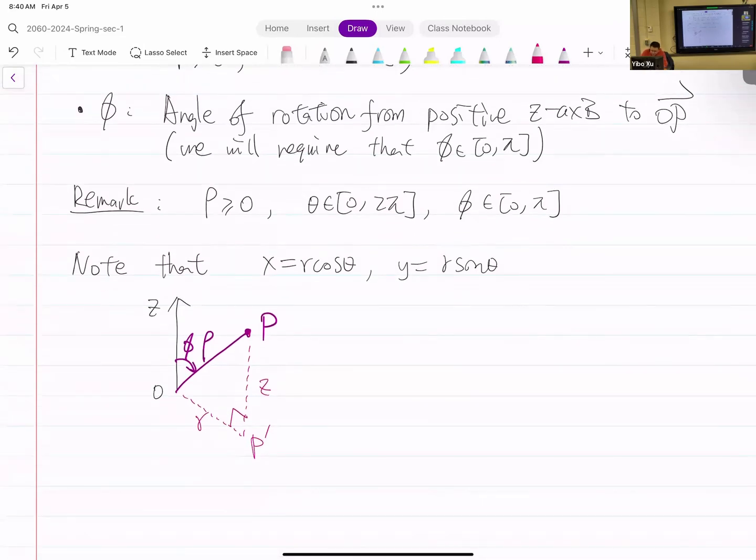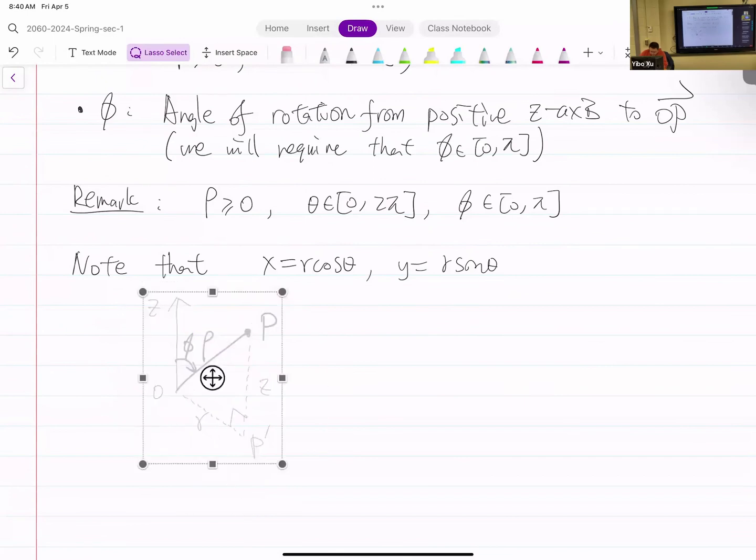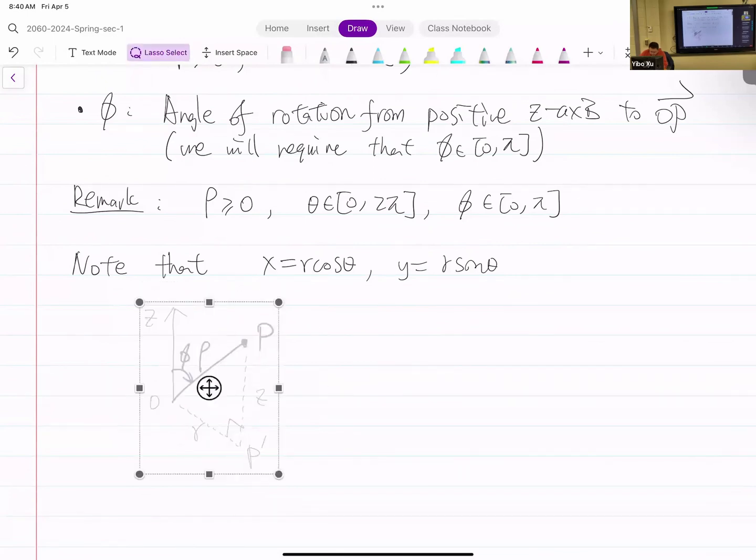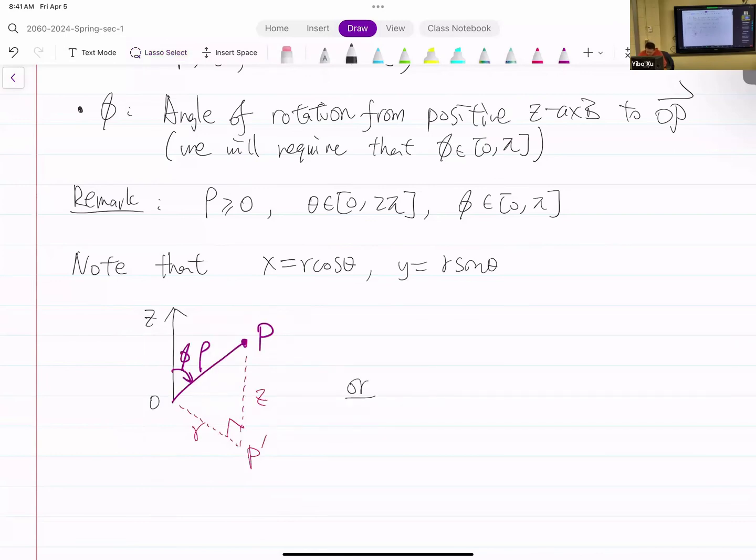So this is exactly the relationship within this vertical plane containing the point P and the z-axis, right? And if we want to look at it in a plane that's directly containing the z-axis and the OP direction, it should be the OP prime direction. So that's what you see here. The red edge and the dashed red edge form a right triangle.